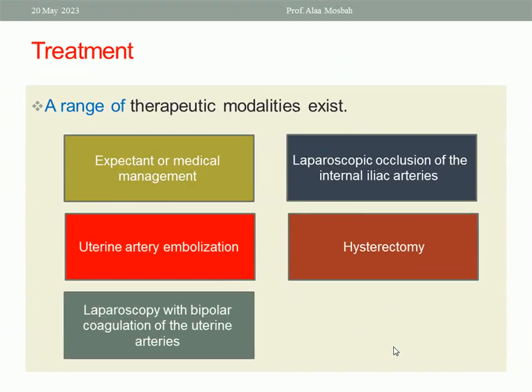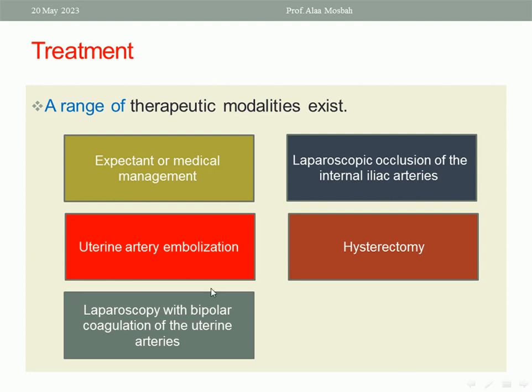What about treatment? Different treatment modalities are present. There are no guidelines according to the different therapeutic modalities up till now. Maybe because it is a rare condition. Uterine arteriovenous malformation is considered rare, with few reported cases all over the world.